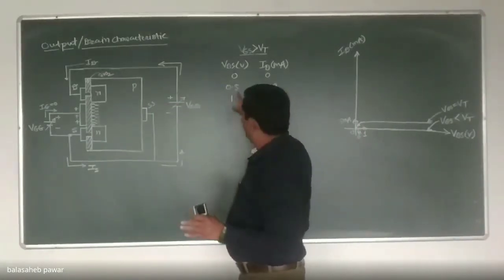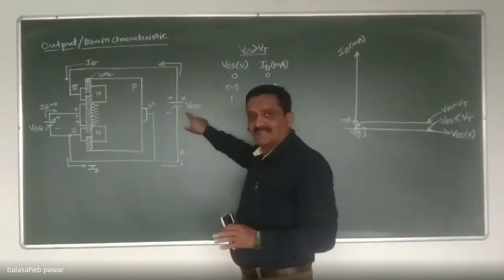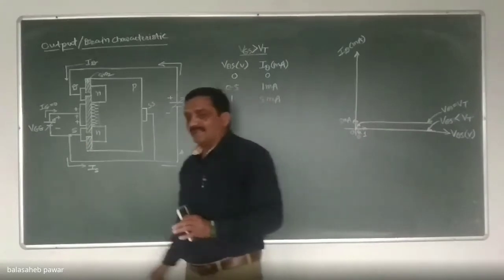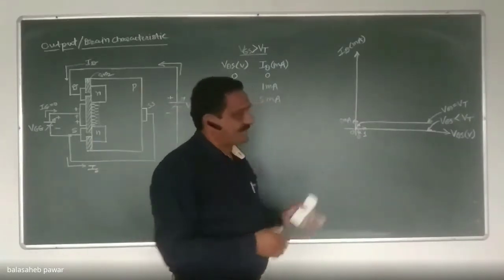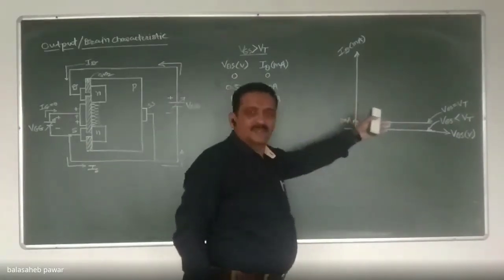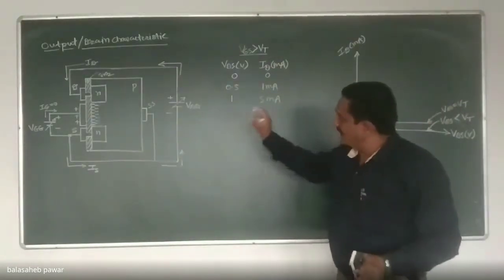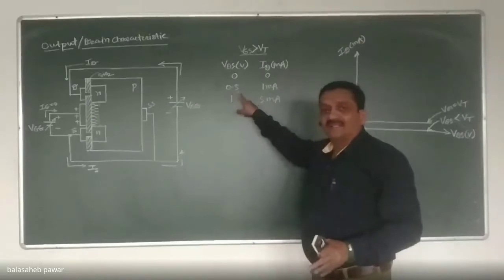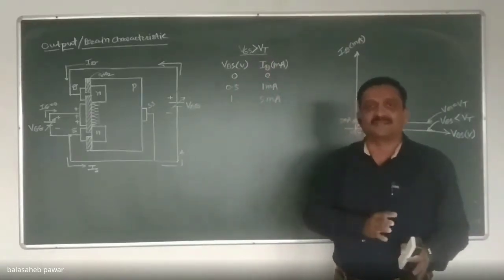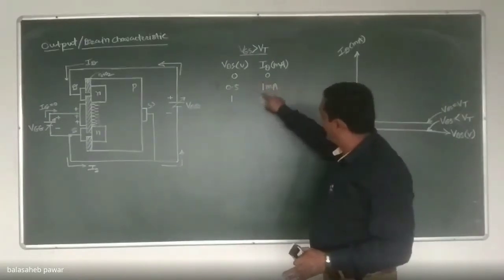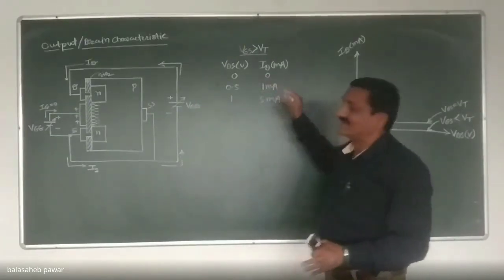When it is 0.5, this VDS by this VDD, out of that 150, again we'll consider, I think we consider 20 charge carriers. Out of that 150, by the application of 0.5, 20 charge carriers will start to flow, and by that 20 charge carriers there will be a current of 1 milliampere.